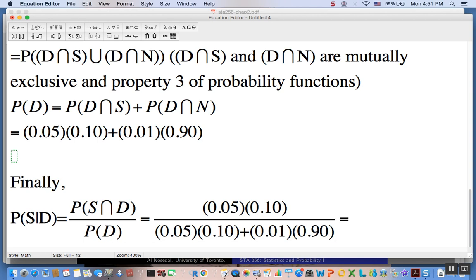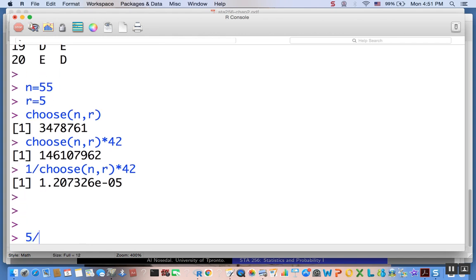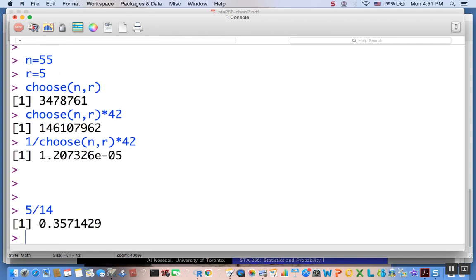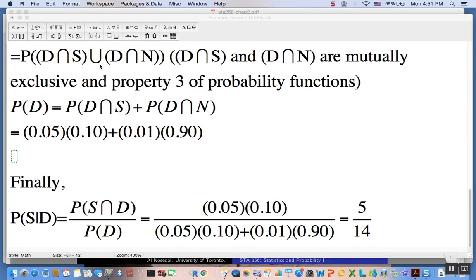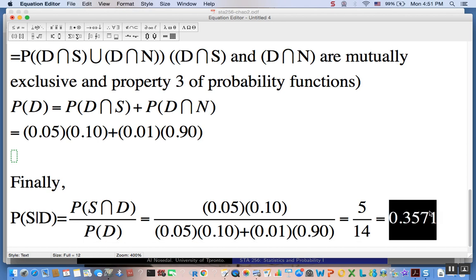And if you do the math, that turns out to be just 5 divided by 14, and if we use R, 5 divided by 14 happens to be roughly 35%.